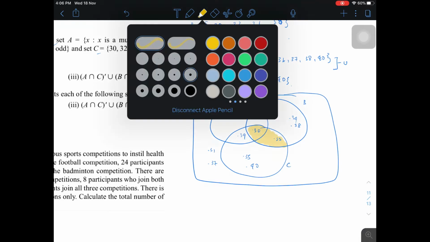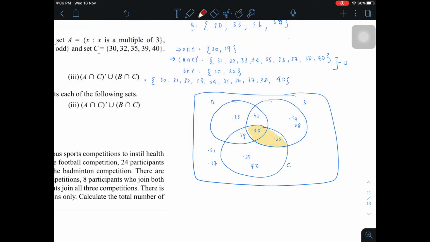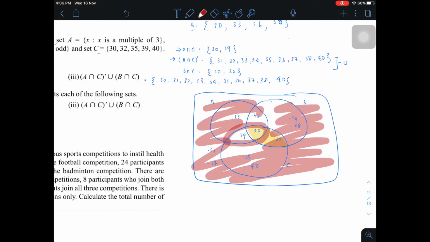So I'll just change color. We have A intersects C just now, which is here, and then everything except that. And do take note that this is a union sign. So basically, our answer would be this entire red thing, except here.